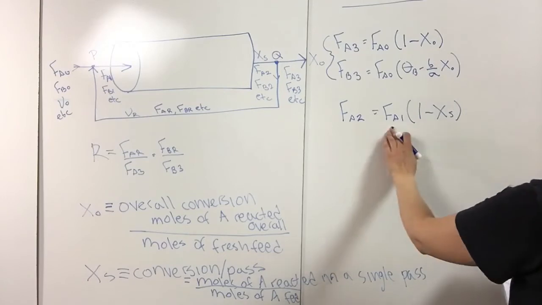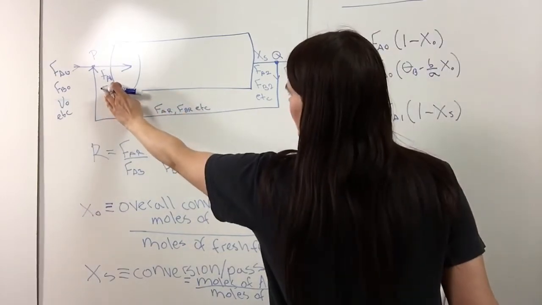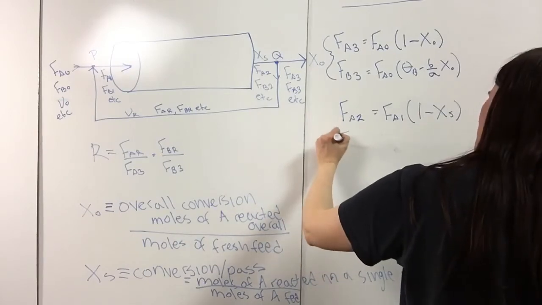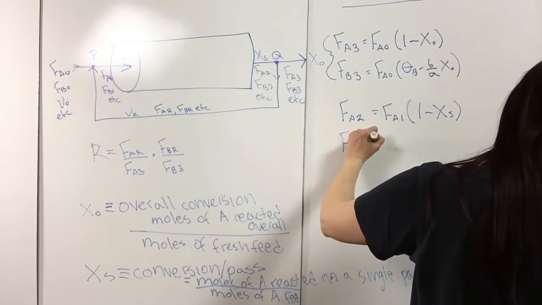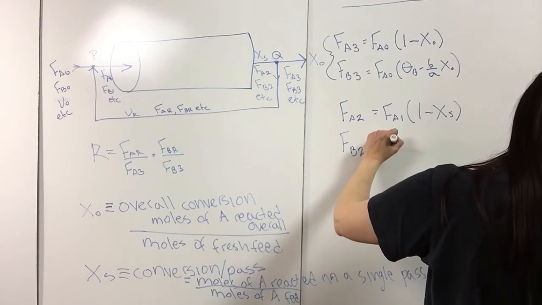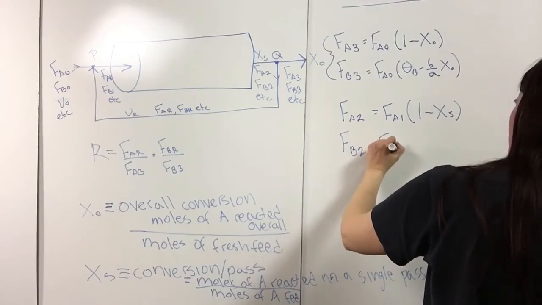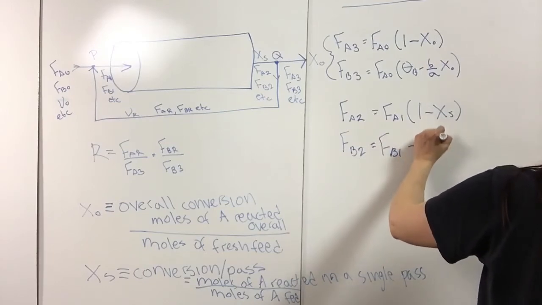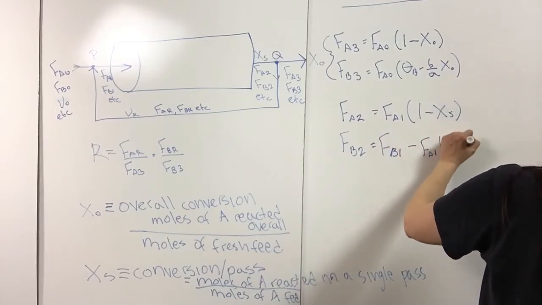We're looking at the conversion from here to here for FA2. And then for FB2, this is equal to FB1 minus FA1 times B over A XS.